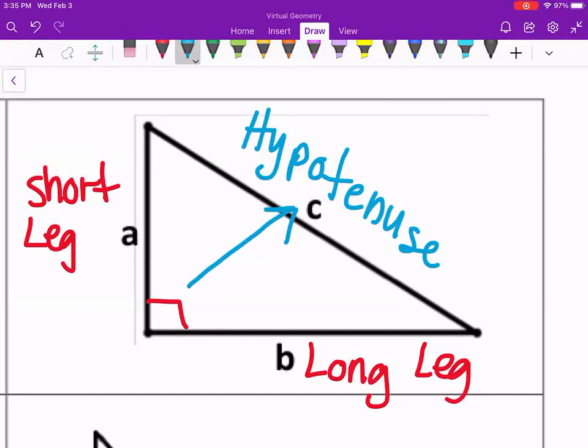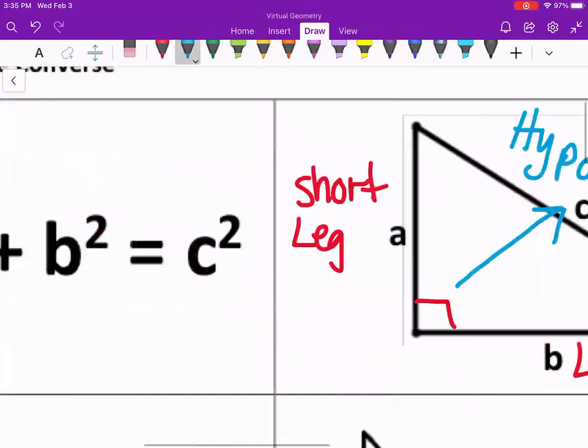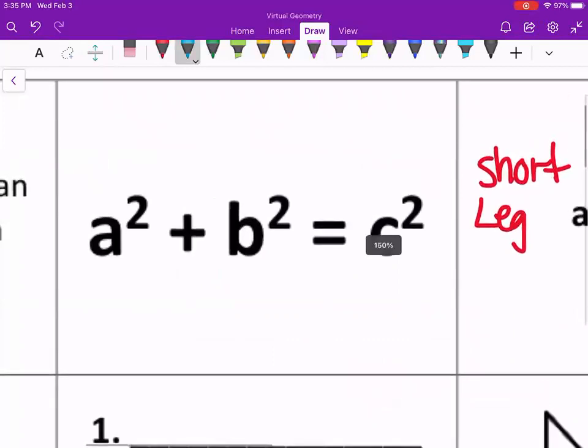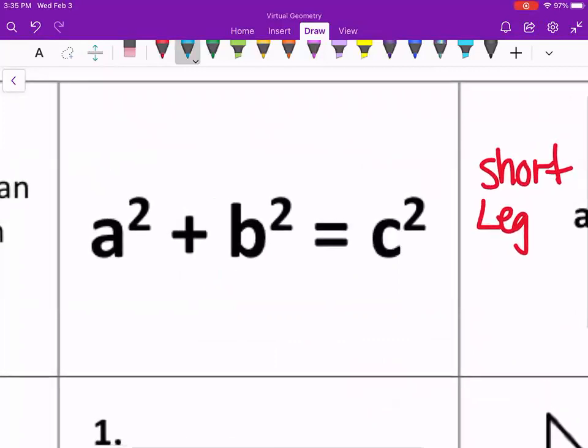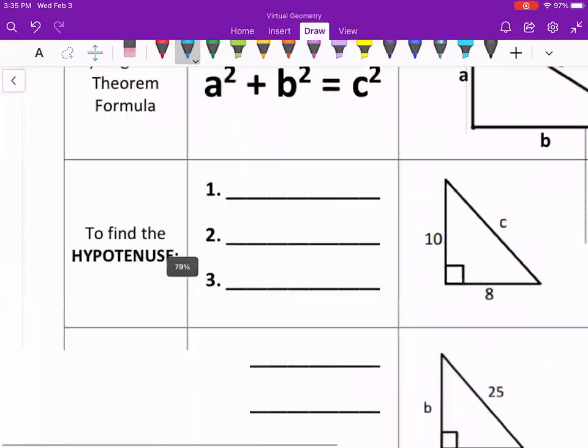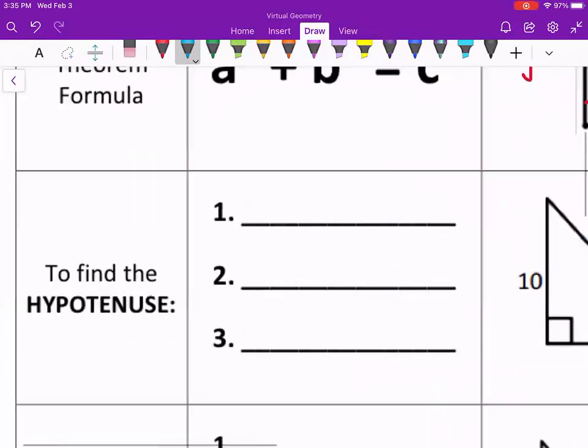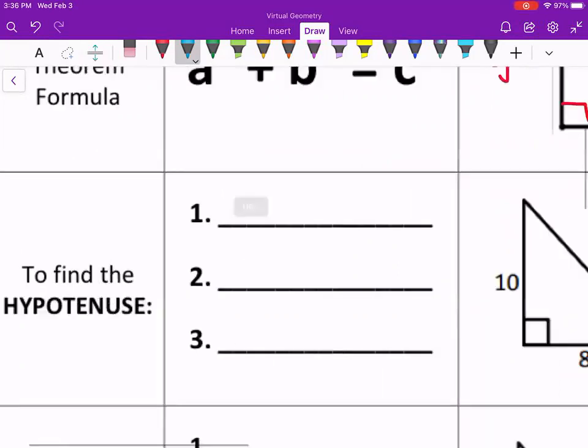The legs make the 90-degree angle. Straight across from that, opposite the 90, is the hypotenuse side of the triangle. Now, we all have heard the a squared plus b squared equals c squared formula for those right triangles. But let's say you need to find the c. There are some user-friendly steps here that we can follow to get that missing piece.